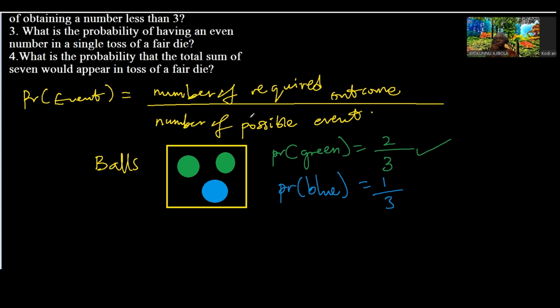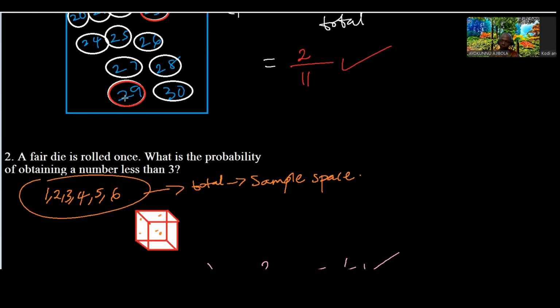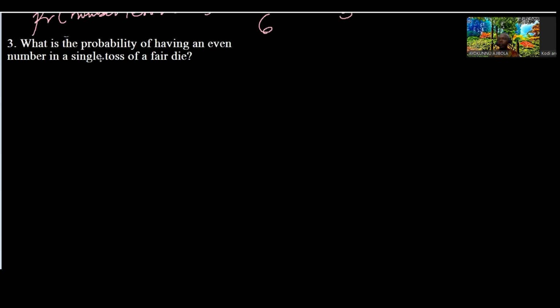Then the next question, number 3. What is the probability of having an even number in a single toss of a fair die? If it's a fair die, it has six faces.